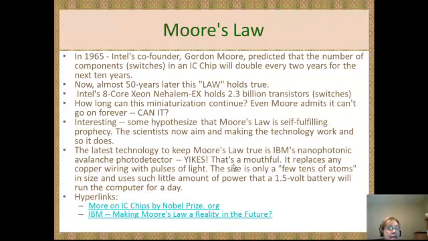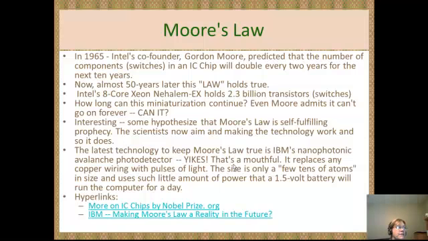One of the big companies in IC chips, you may have heard of, is Intel. And the co-founder of Intel, Gordon Moore, predicted in 1965 that the number of components, or the number of switches, on an IC chip would double every year. So let's say every 2 years, excuse me. Let's say at that first year there were 4.